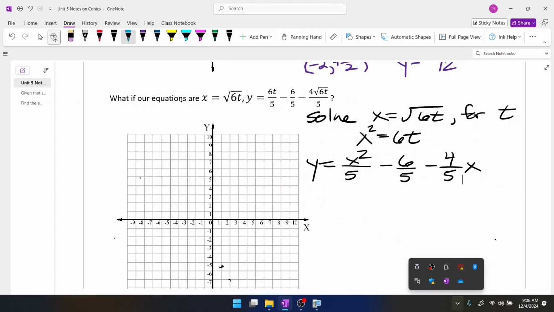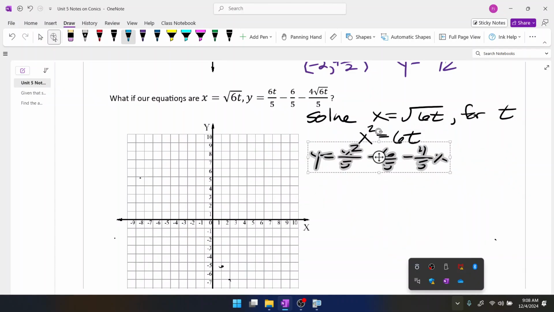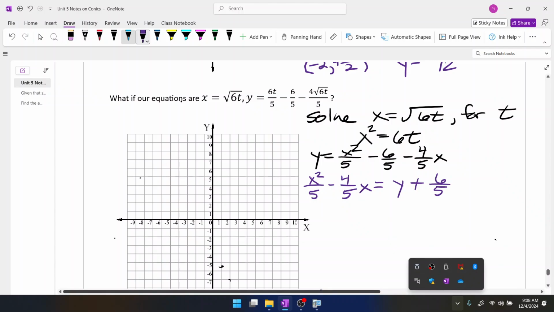So what we can do at that point is kind of just rearrange it, so to speak, and you'd have x squared over 5 minus 4/5 x equal to y plus 6/5. So what you'll be able to do is factor out a 1/5 on one side and kind of take it down from there.